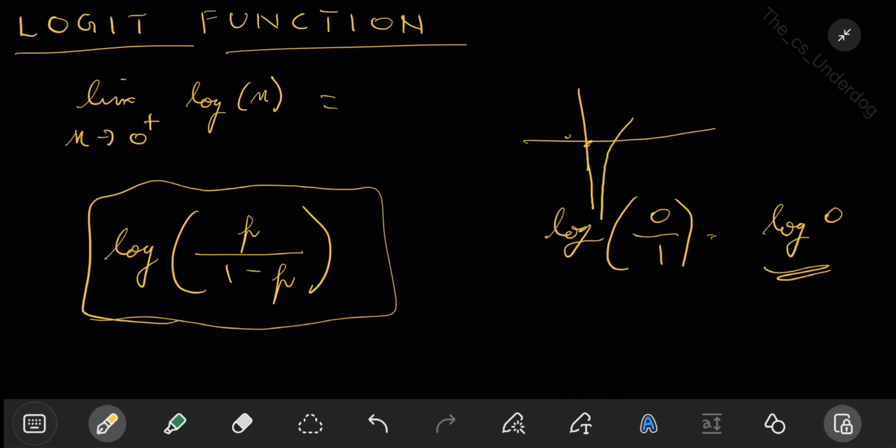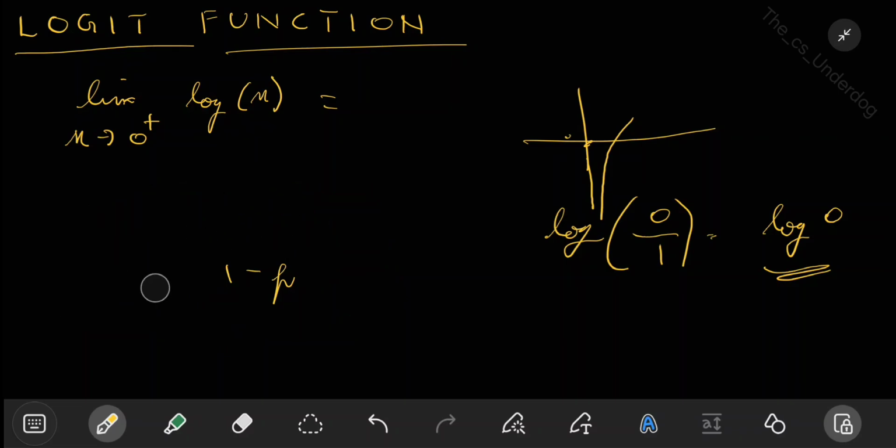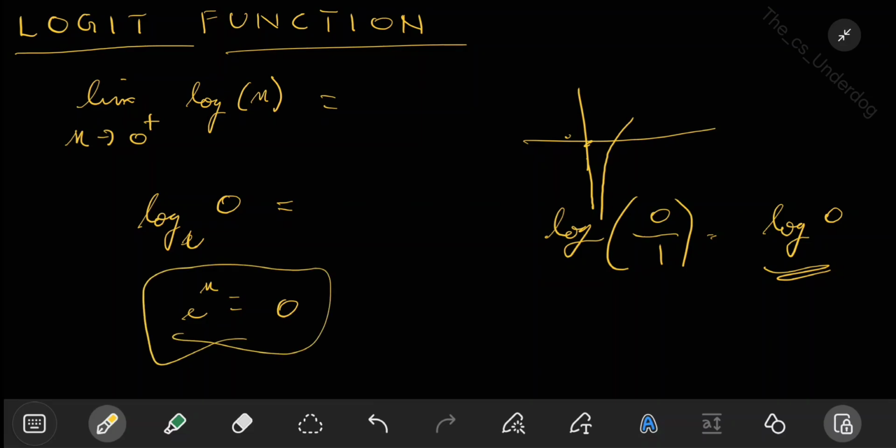Why is it not possible to reach the value 0? Because I am taking the natural logarithm, that is log x to the base e. If there were a value for which log x is 0, there should be some particular value for which e power that value gives you 0, right? But the exponent can never give 0. For that reason, log 0 is undefined.